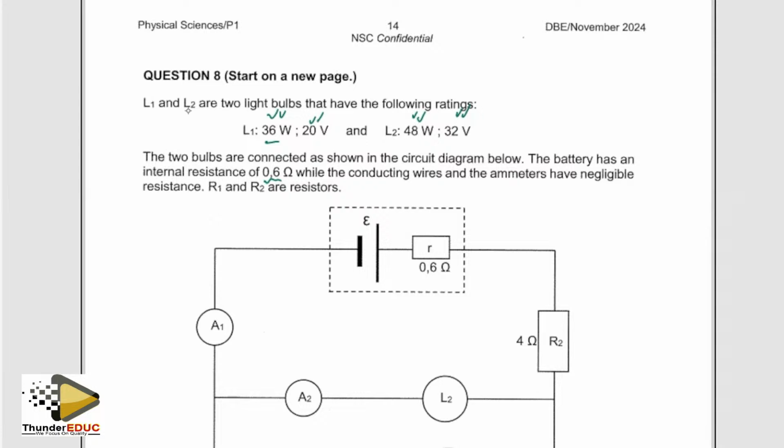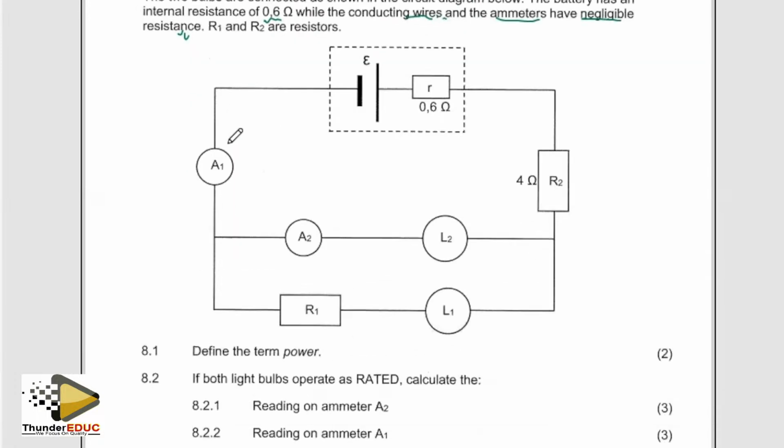It's only the ammeters and the wires whose resistance we can ignore. R1 and R2 are resistors, as the question indicates.